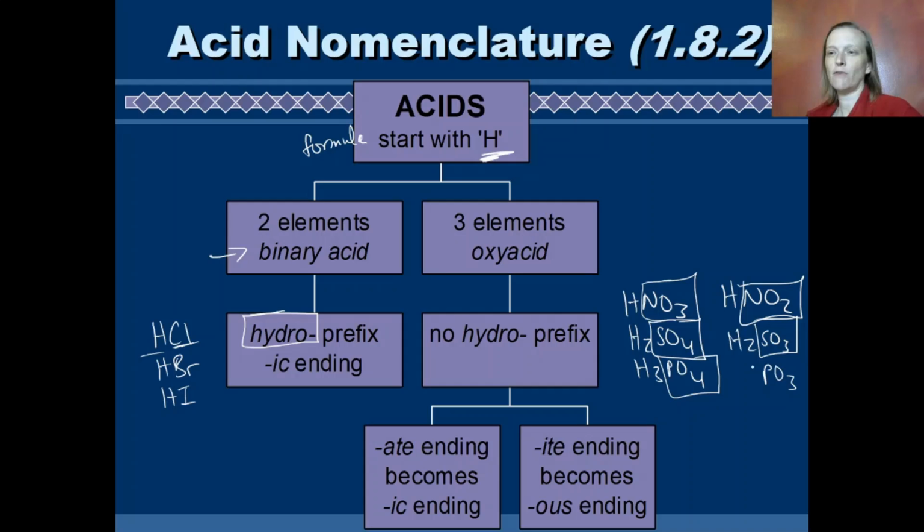Here is the phosphite ion, so this is phosphorus acid. So there is a system for naming the acids based off of whether there are just two elements making up the acid, or if you have an oxyacid where there are three elements making up the acid formula.